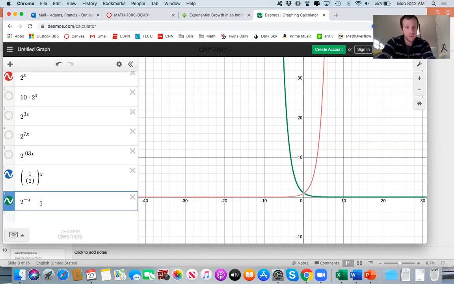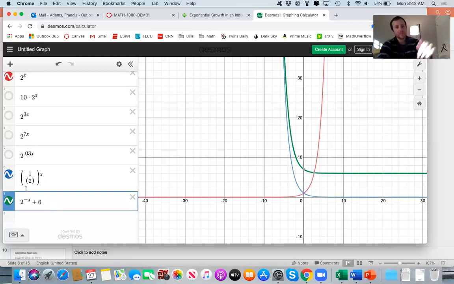But we can also say if we add some number 6 to this. So one thing which really does fundamentally change the shape is adding some number outside of it. So it's not multiplied, it's not in the exponent, it's just really outside there.